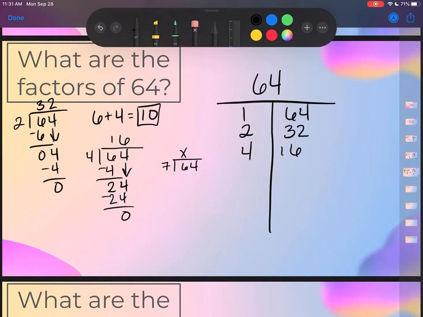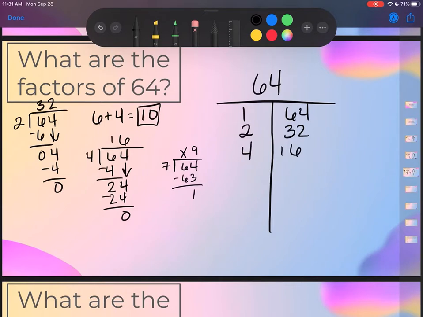So 63 is going to be my multiple of 7, not 64. 7 times 9 is 63. So I subtract and I get 1. Since I have a remainder, it's not going to be divisible by 7, right? So 7 times a whole number is not going to give me 64.